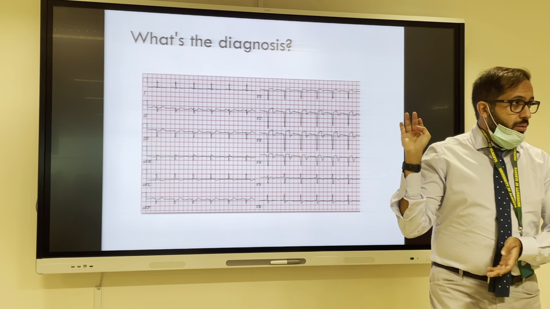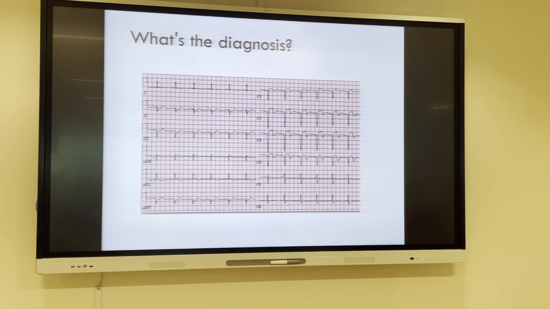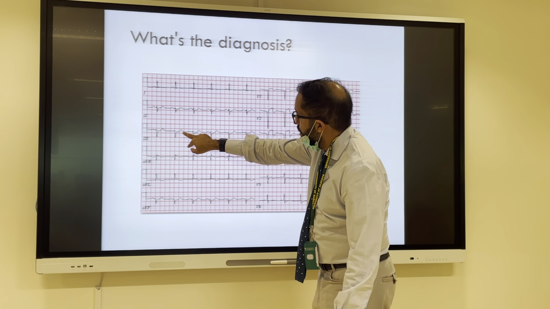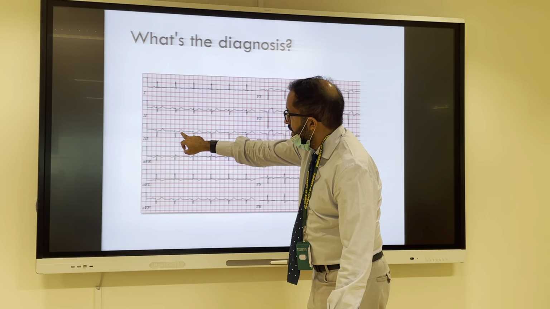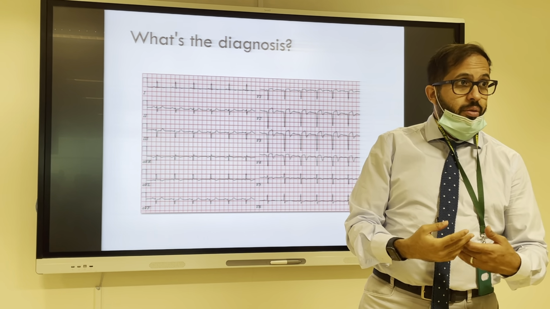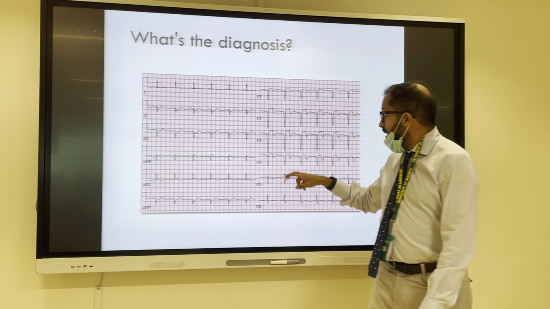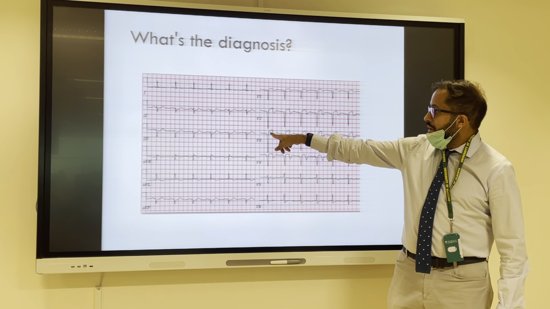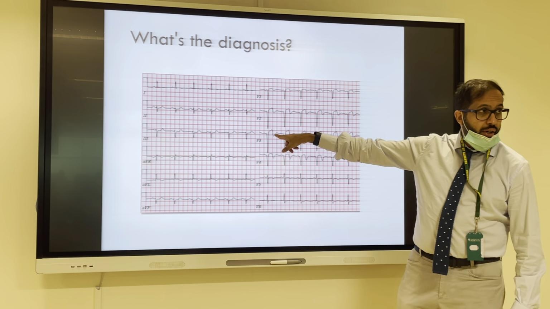So this is an anterior STEMI. It's not pericarditis. Now if you look here, you can have some subtle ST depressions. So this also gives you a better indication this is MI. But the most important thing here is to notice the Q wave. This is a Q wave, going down, up.